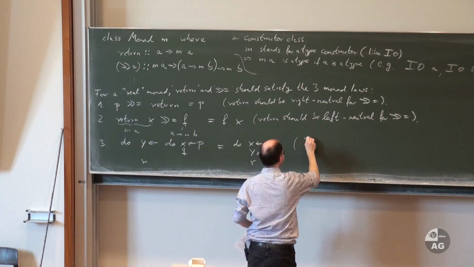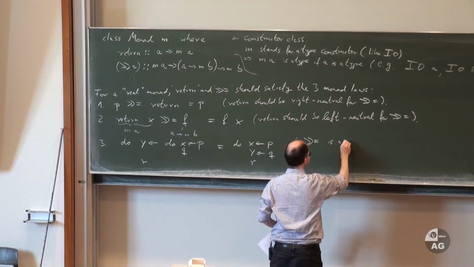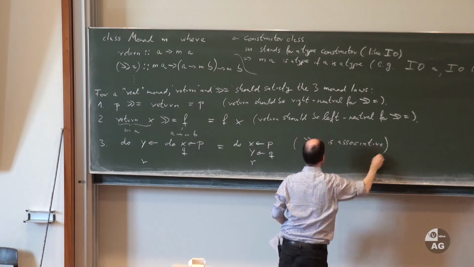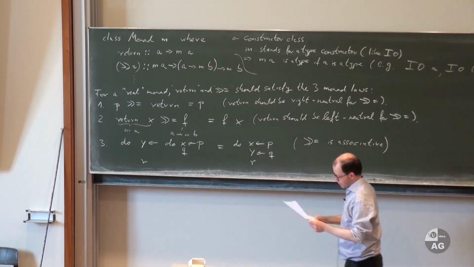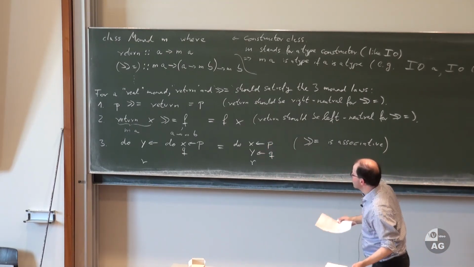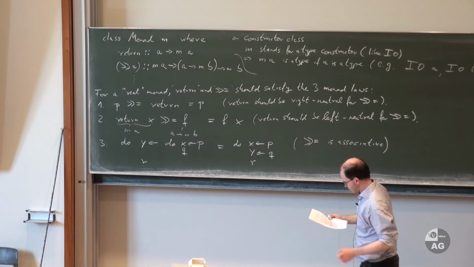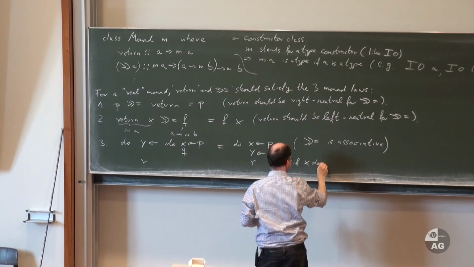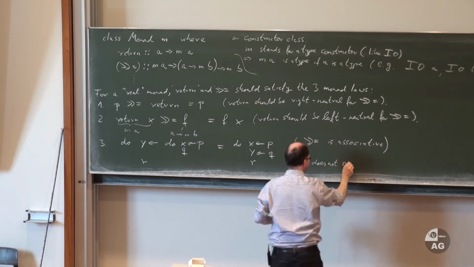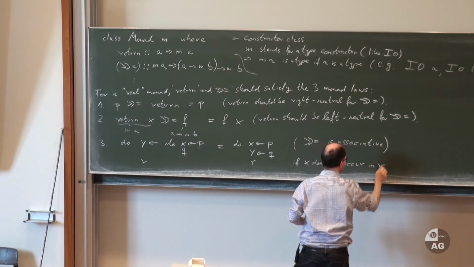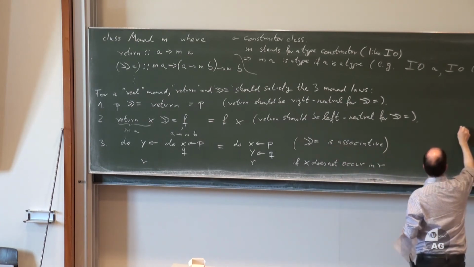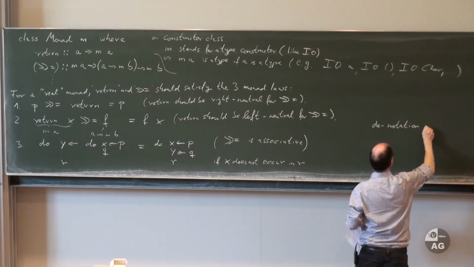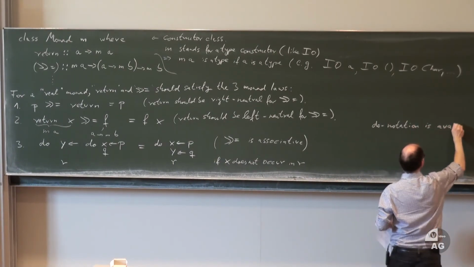This means that bind is associative, provided that x does not occur free in R. And so indeed this do notation is available for every instance of class Monad.